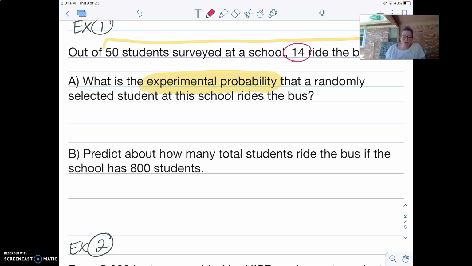That's like the number of times you do the experiment. So the probability that someone rides the bus, and again, this is the experimental probability, is going to be 14 divided by 50. That's it. That's all you got to do.